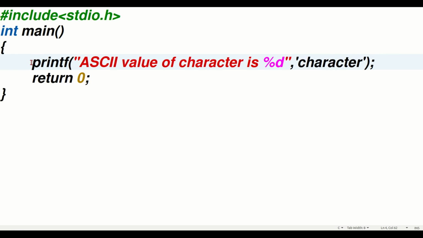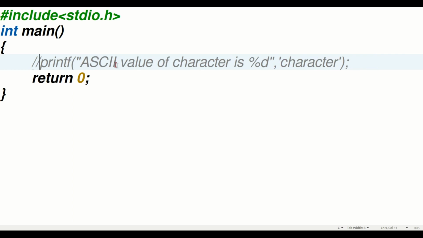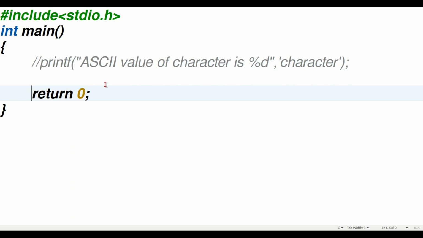So this is a syntax to display an ASCII value associated with character. Since I don't want this to be displayed on the standard output screen, I'm gonna comment it. Look, it is grayed out. It means that it is commented.